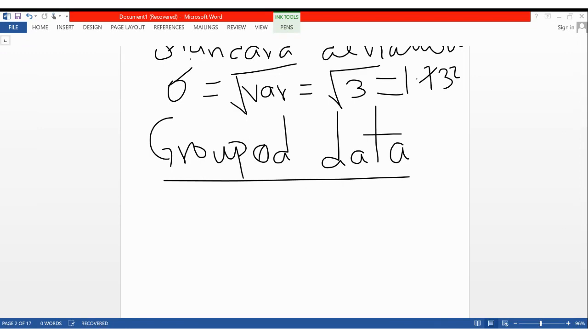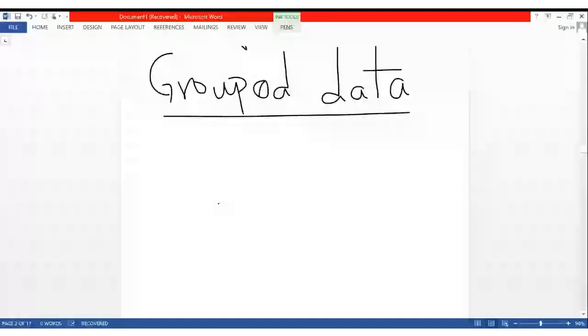So for group data, this is the data that I want us to work with. We have a class here. Let me put it in landscape.